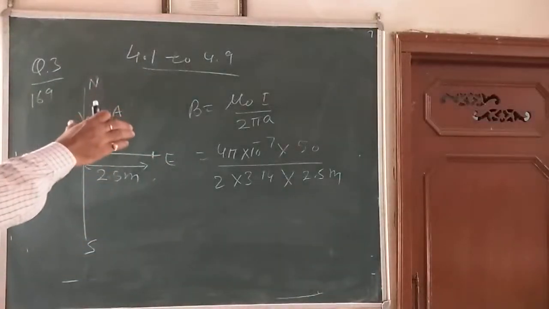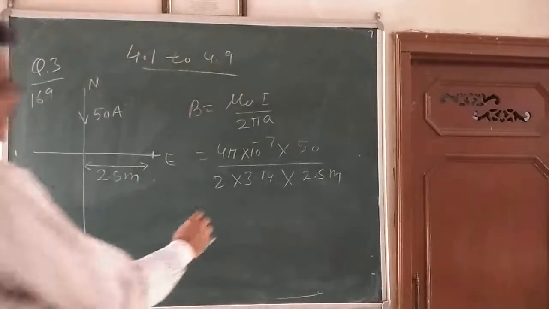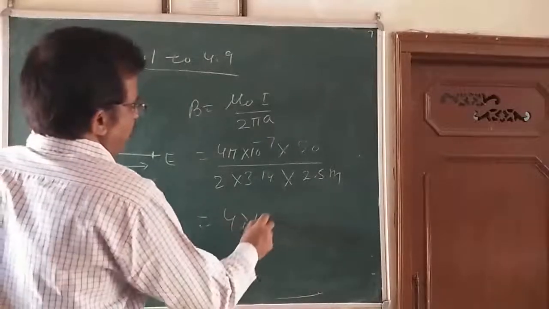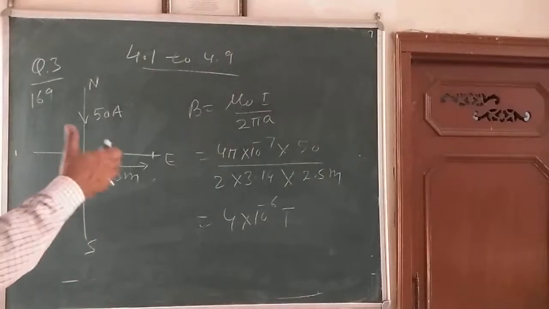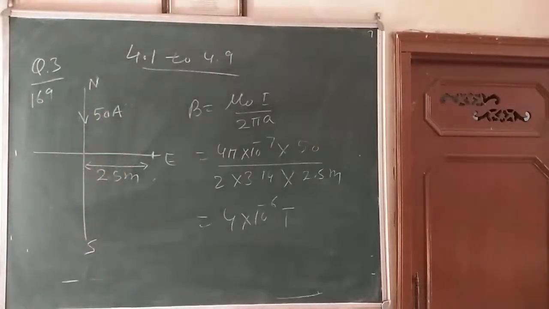So write these values and solve it. You will get the answer near about 4 into 10 raised to the power minus 6 Tesla. It is vertically upwards. So this is the simple way. It is a 1 mark question. Write down.